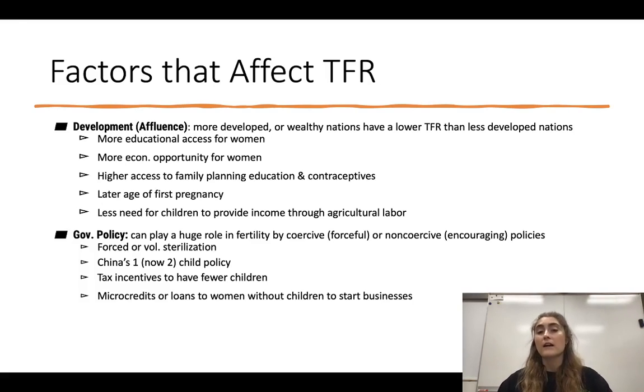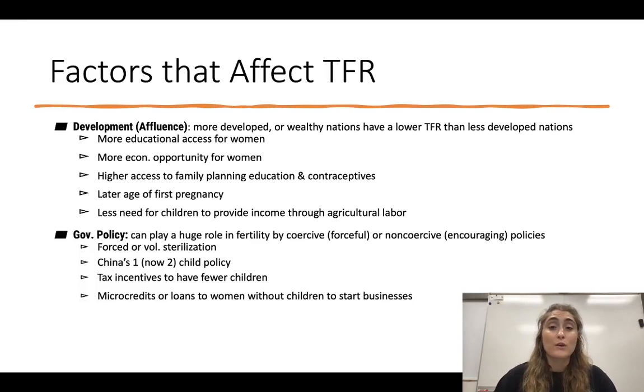So what are some factors that contribute to higher or lower levels of total fertility rate? Generally, it has to do with affluence and how much industrialization is occurring in that country. More affluence and more industrialization leads to more education access for women, more economic opportunity for women, higher access to family planning, education, and contraceptives, so preventative measures to take to not get pregnant.